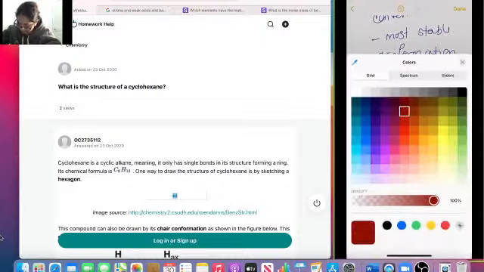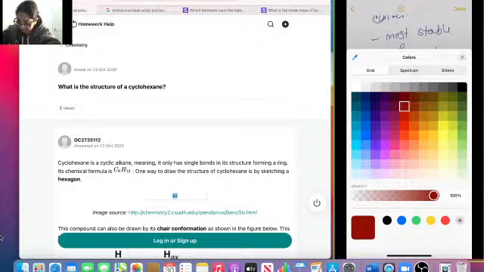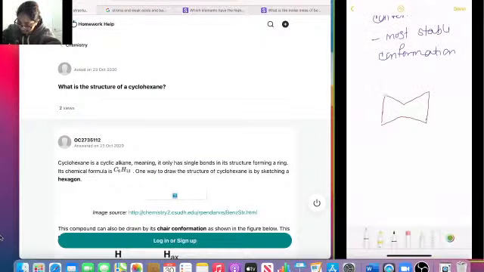Okay, so we have axial and equatorial hydrogens, and I'm going to use different colors for those. I'm going to draw all my axial hydrogens in green. Those are the ones that are going up or down.